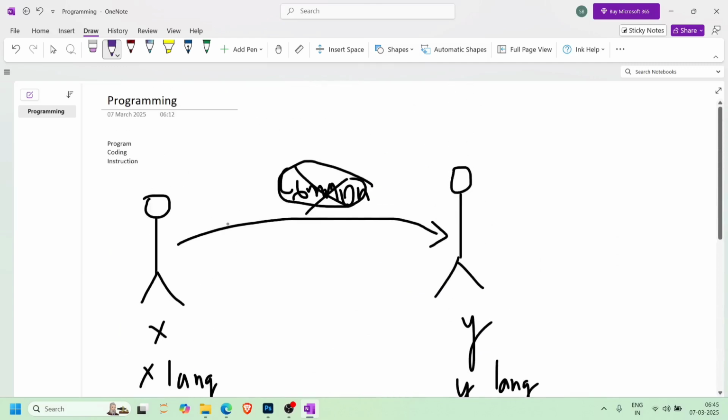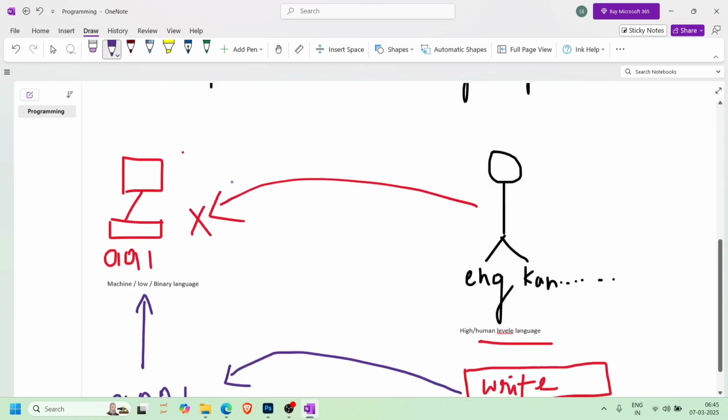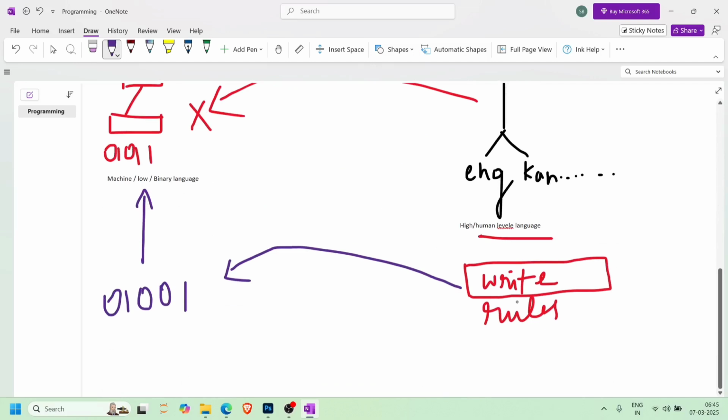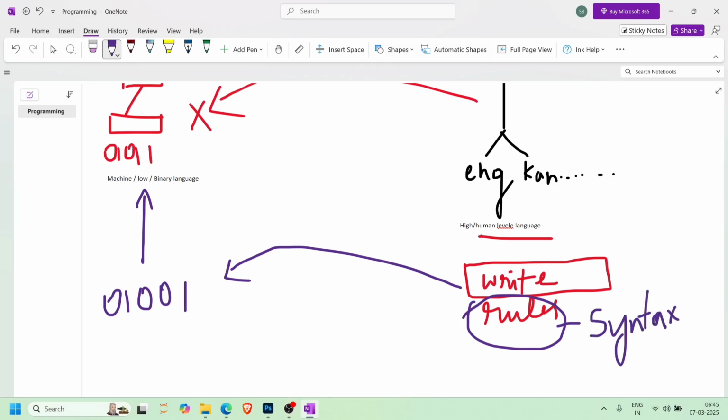This process is called coding. So what happens in coding? In coding we write the task using some specific rules. These rules we can consider as syntax or grammar. While writing the English language, we have some rules about where to write what.